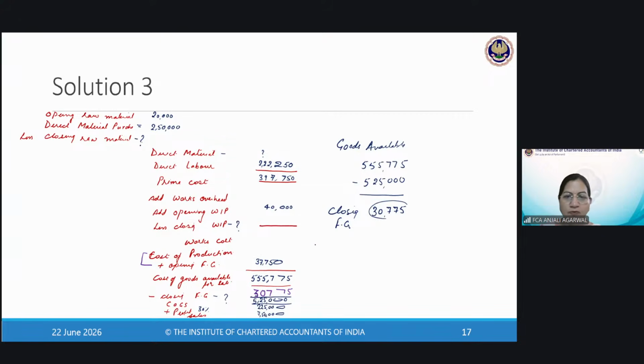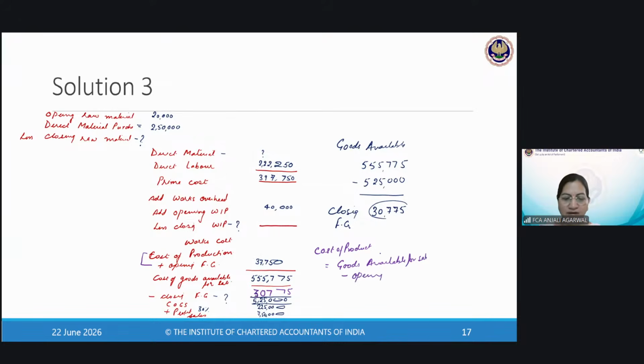So this will give you cost of production, which is equal to goods available for sale minus opening.